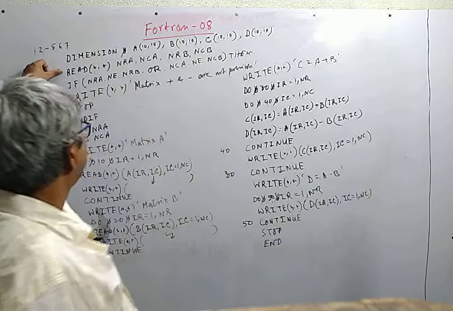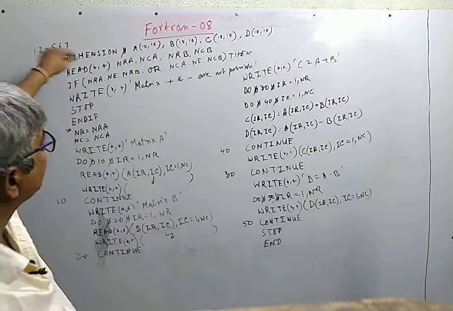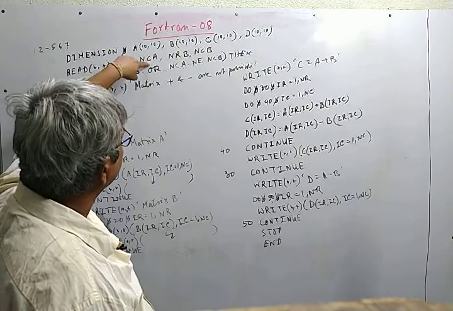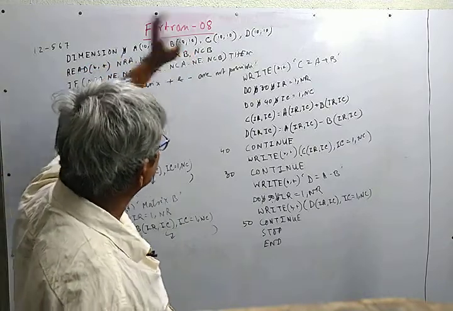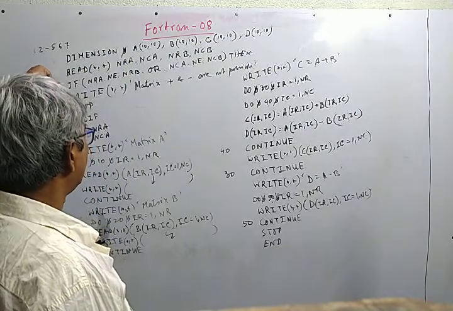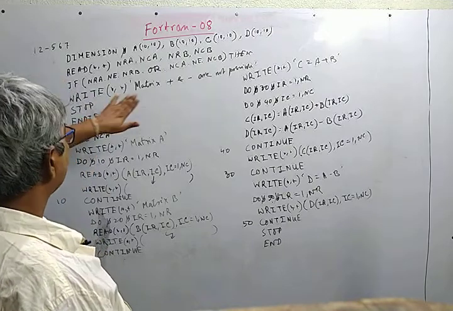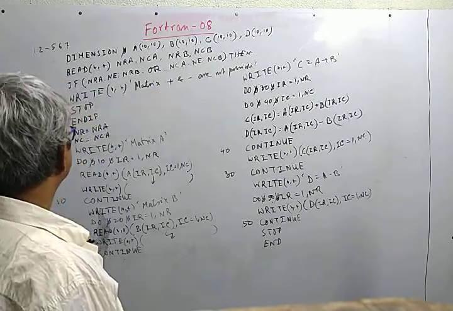Then we specify the number of rows of matrix A and columns of A, number of rows of B, columns of B. Then this is a check whether the matrix operation is possible or not. If the matrix addition or subtraction is not possible, then the program gives this message and stops over here.